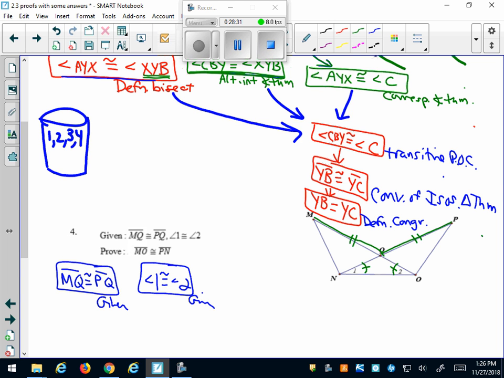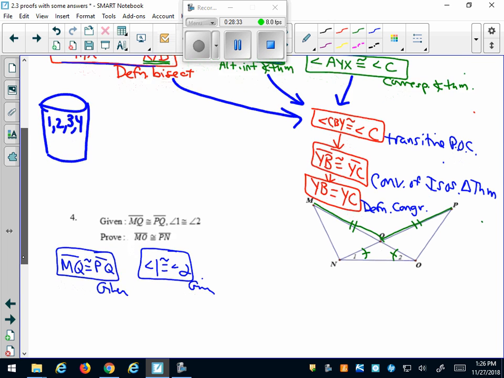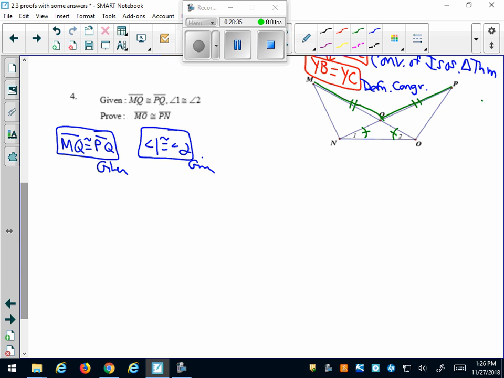All right, are there any conclusions you can make from either of those givens? What's a conclusion you can make? Yep, Dylan? Q is congruent to QL. Okay, so you're saying because angle 1 is congruent to angle 2, then these two segments are congruent, yes?